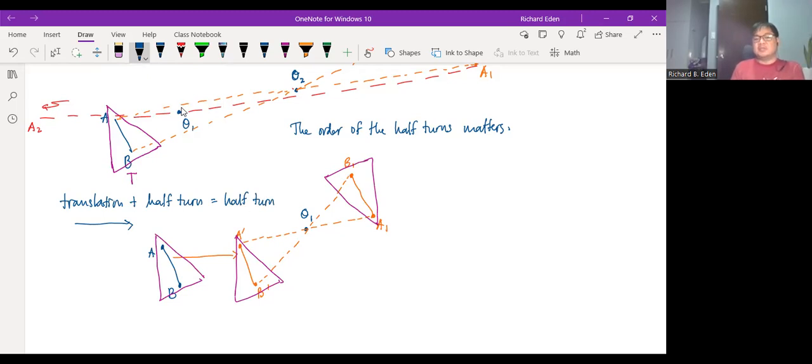It's somewhere else, but it's definitely not O1. I'm not going to illustrate it anymore, but when we do a half turn plus a translation, what do you think is the resulting geometric transformation? It's a translation plus a half turn. Same thing. Which is yes, a half turn, and of course the half turn is going to have a different center than the original half turn.